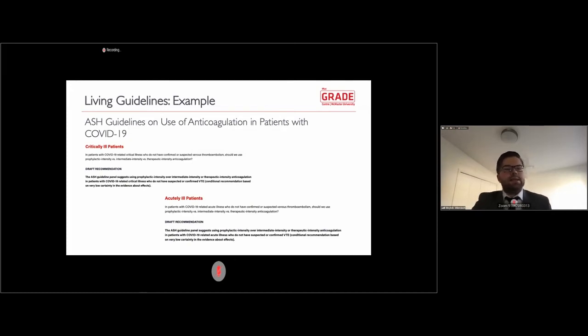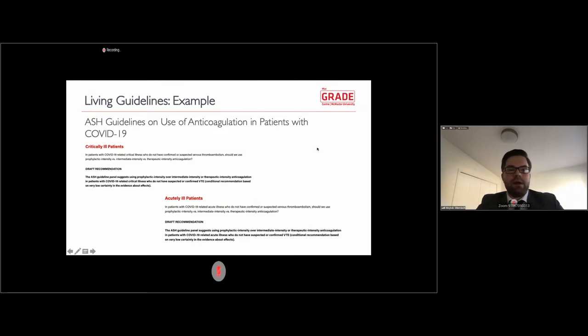And I'll highlight the living guidelines example that I had mentioned before, which is also from the American Society of Hematology on guidelines on use of anticoagulation in patients with COVID-19, which were released in late September and are available online now as draft recommendations.